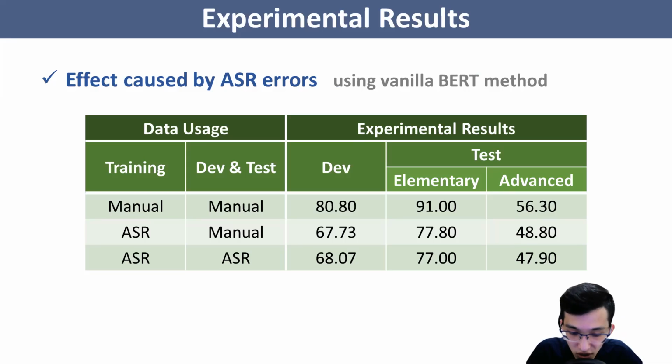We found that if we fine-tune BERT with manual transcription, BERT can achieve really high performance on both the development set and the test set, 18 and 91 respectively. But if we use the auto-transcribed text to fine-tune BERT, the performance drops from 18 to 67 on the development set and from 91 to 77 on the elementary testing set, which indicates that ASR errors are truly harmful in an SMCQA task.